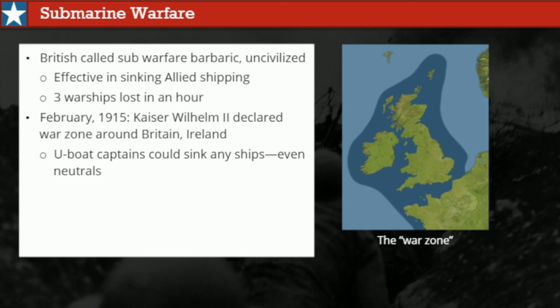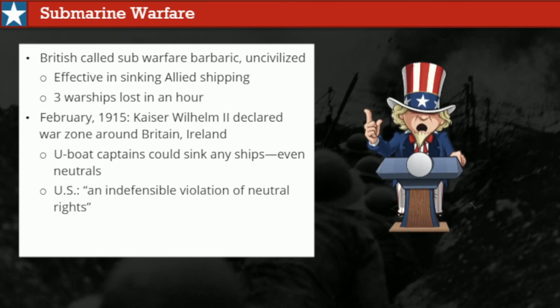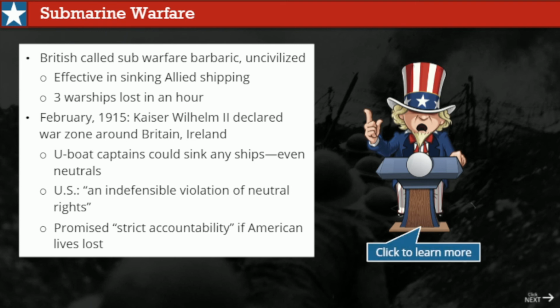Germany justified this policy because British ships sometimes flew neutral flags as a trick to avoid being targeted by subs. The government of the United States declared Germany's new policy to be an indefensible violation of neutral rights. American ships and passengers regularly traveled through this war zone on their way to and from Britain, and the U.S. promised strict accountability if American lives or property were lost.